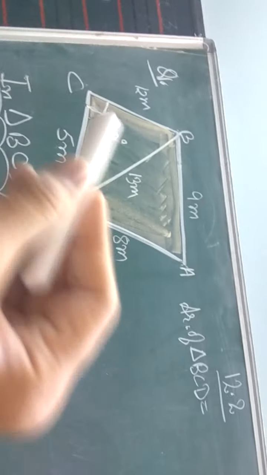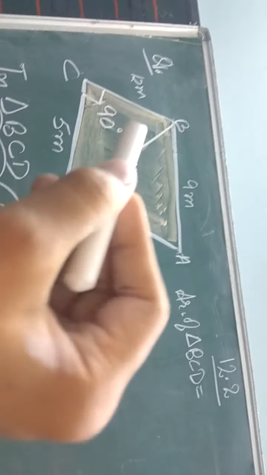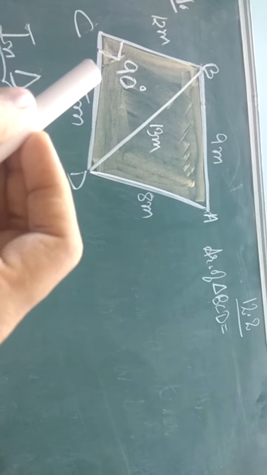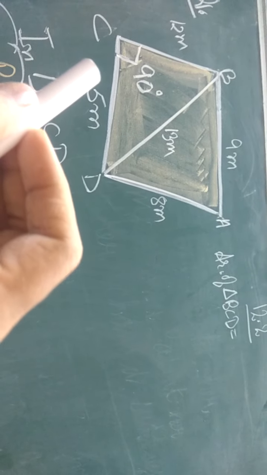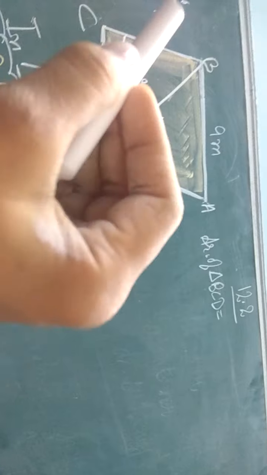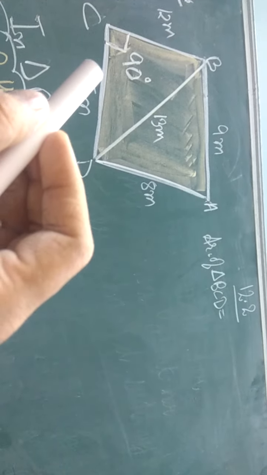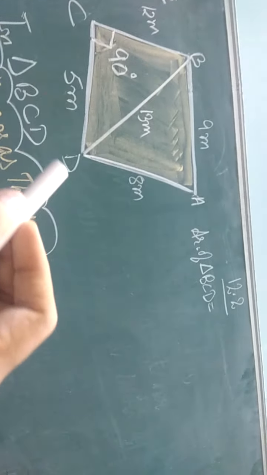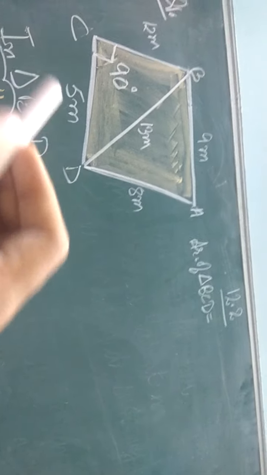Now let us find out the area of two triangles and then we will add them. Dear students, now for triangle BCD we have two options. Because it is a right triangle, we can use the formula half base into height, or Heron's formula. The shorter method is half base into height, because the triangle is a right triangle. So half base CD into height BC.